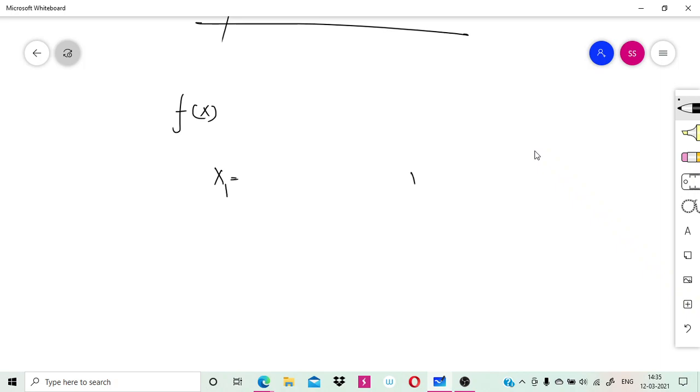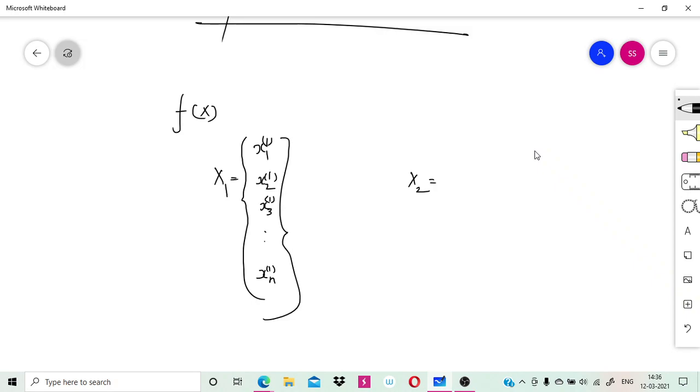The first point has coordinates x1, x2, x3, etc. xn, so it is an n-dimensional space. To distinguish between the first and second points, I am writing the first as x with subscript 1, and the second point has the same coordinates x1, x2, etc. xn, with subscript 2.